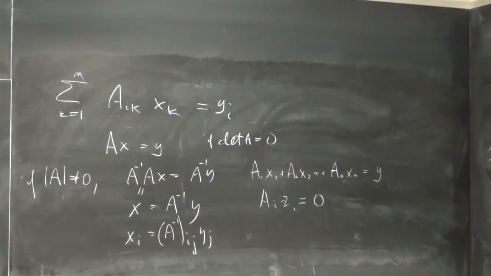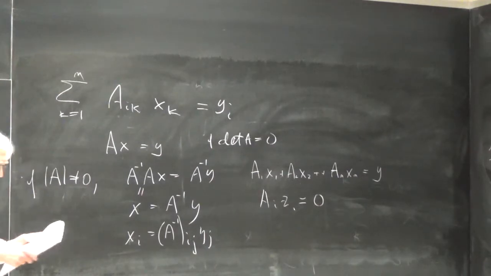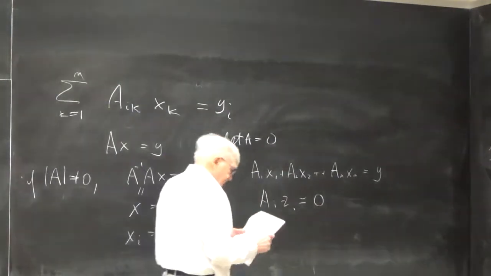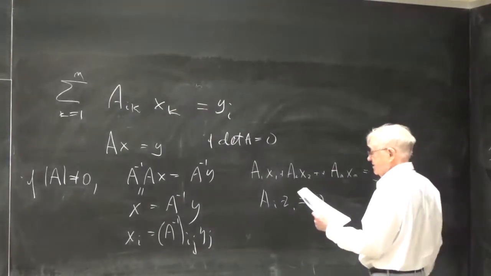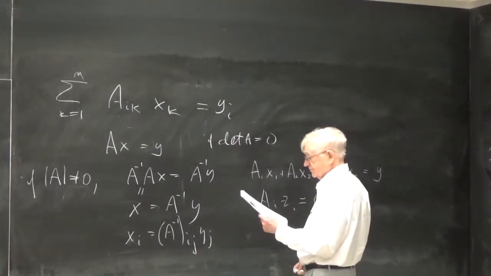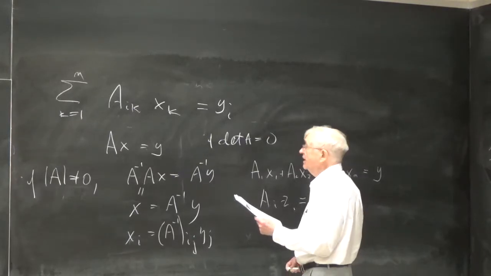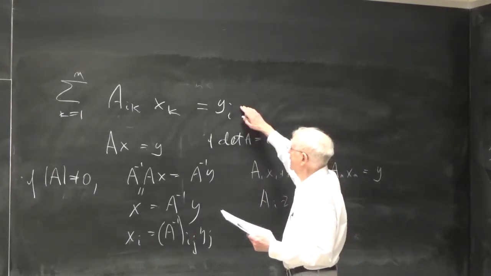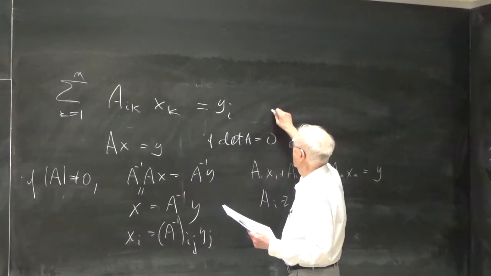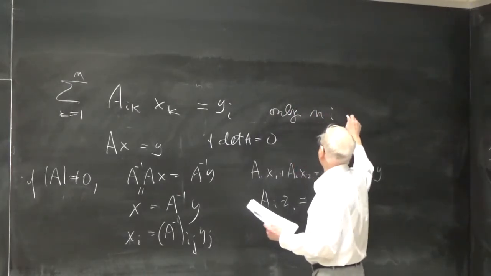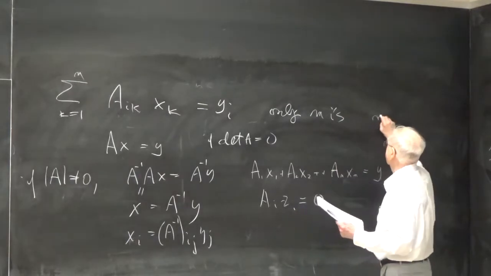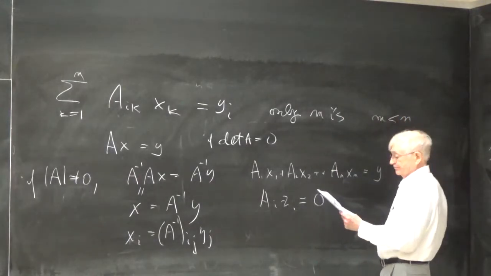So that's the basic idea there. Now, the next possibility is suppose that you have only m i's, that is to say, m less than n.